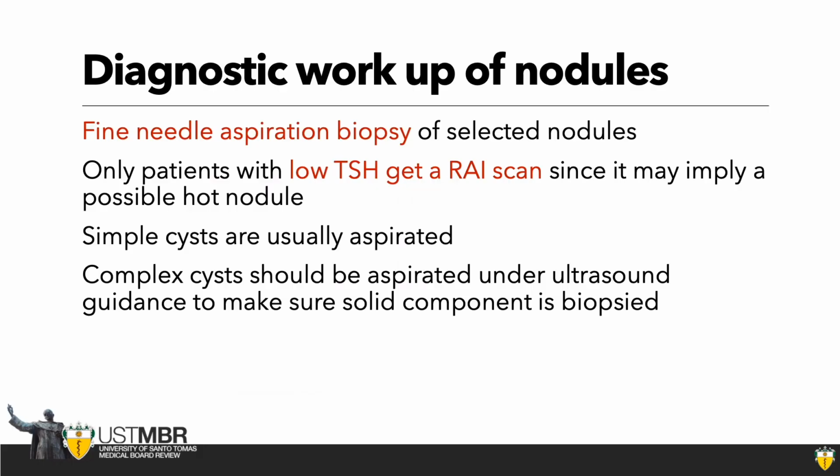So once you've decided that the nodule requires a biopsy, then generally we just do a fine needle aspiration biopsy. And thyroid scan is not routine. I already said the great majority of thyroid nodules are going to be cold anyway, okay? And the only time we do a thyroid scan, by recommendation, is if your TSH is low, okay?